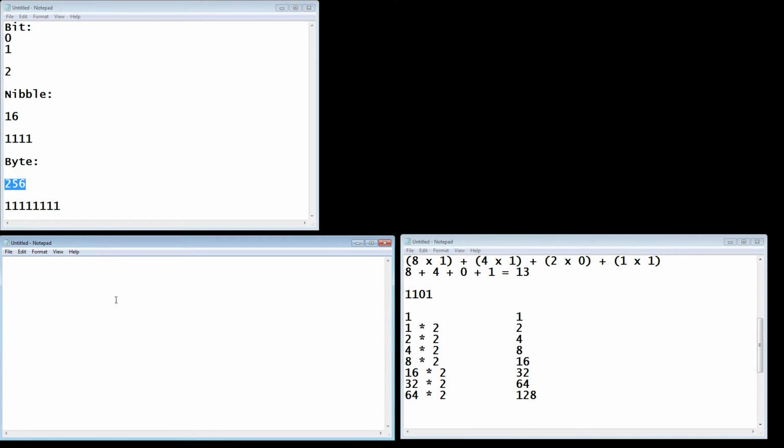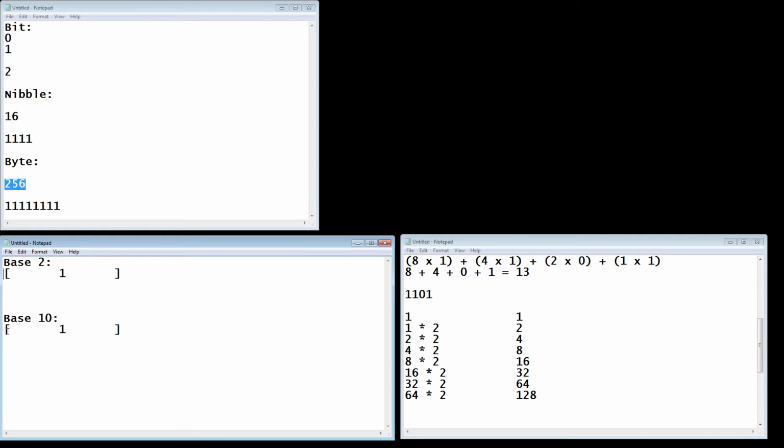As you saw before, we have the base 2 system and the base 10 system. As you saw, both of them always start out at 1.